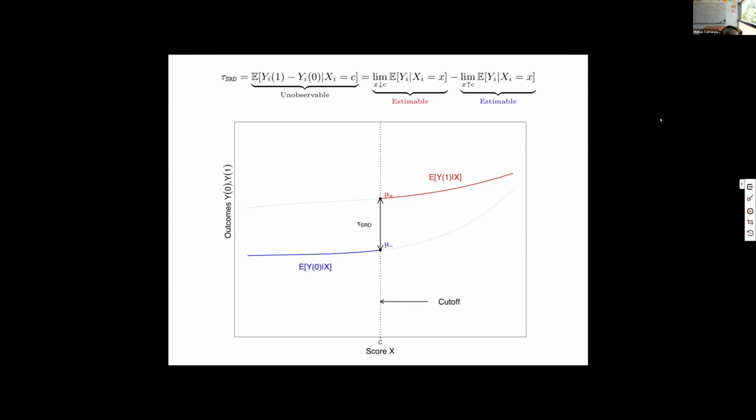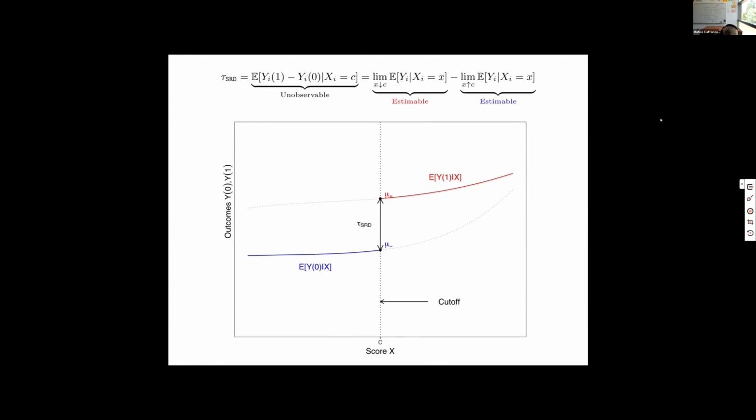Well, the core idea is that if we're interested in the vertical jump, then we could, in principle, try to estimate the value of the conditional expectation for the control group by estimating that regression function to the left of the cutoff, and then somehow take a limit or project it down or extrapolate it if you wish, or interpolate it depending on the values that you have in your data, but ultimately generating an estimate of the conditional expectation from the left to the cutoff point.